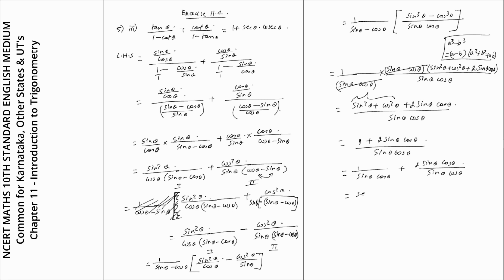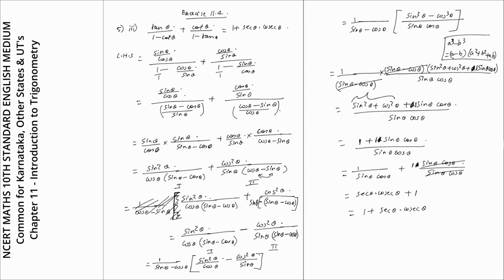So this is equal to secant theta into cosecant theta, plus here sin theta cos theta will get cancelled, this is 2, so ultimately I'll get 2 plus secant theta into cosecant theta.